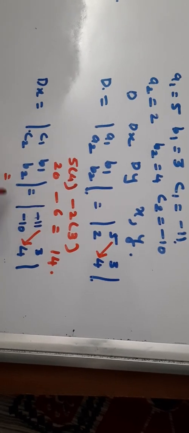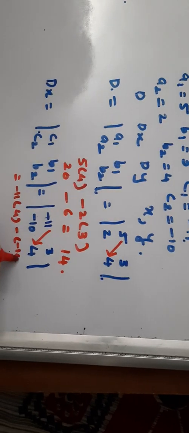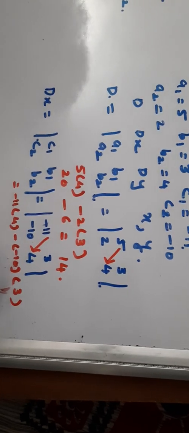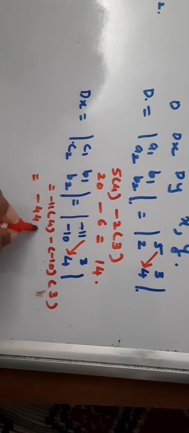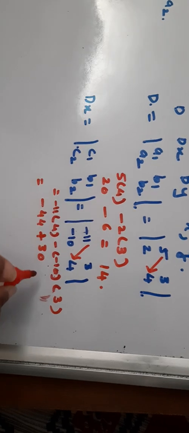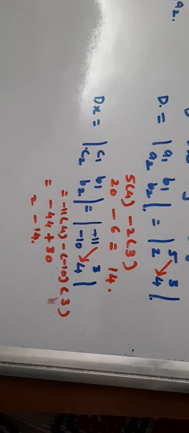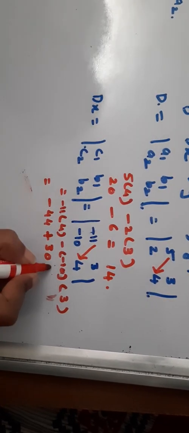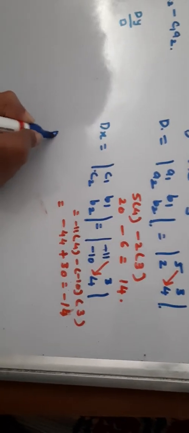So it will be equal to minus 11 into 4 minus of minus 10 into 3. So it is minus 44, minus minus turns out to be plus 30. When I subtract this, it will be equal to minus 14.